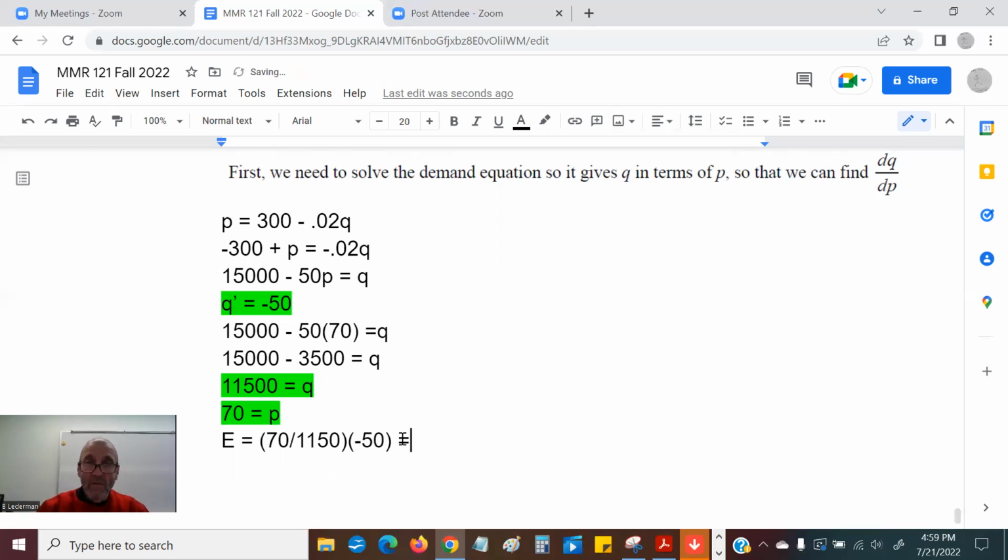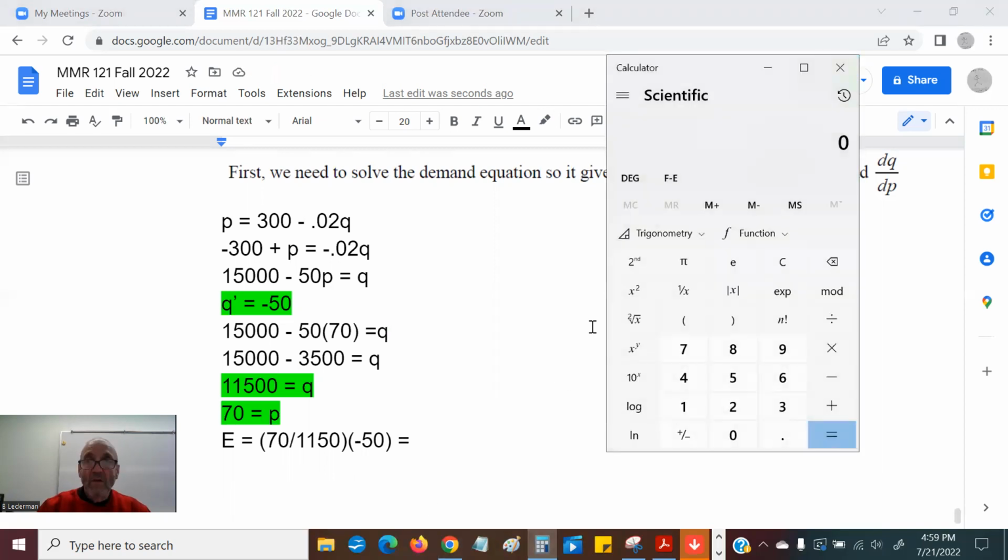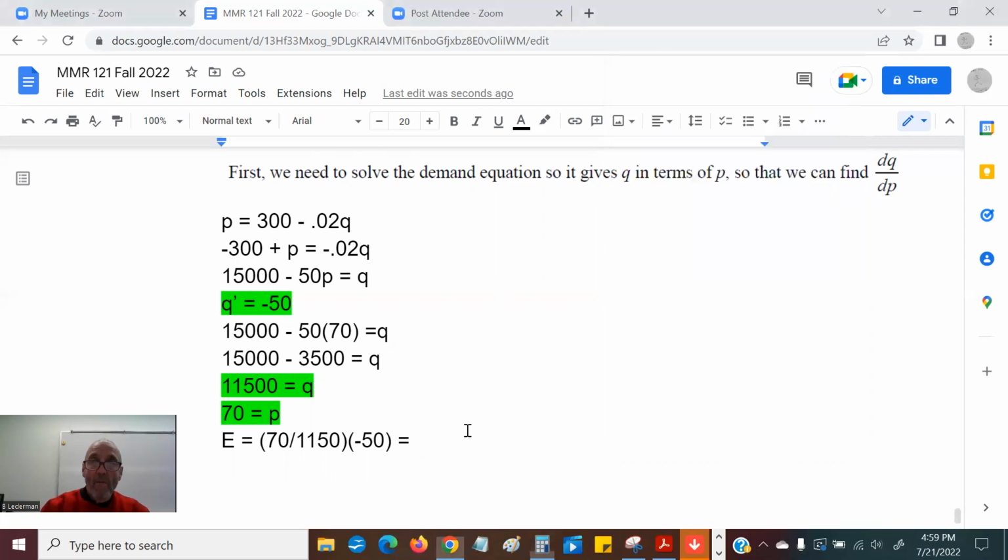Let's put that in a calculator. Now it's actually negative, but the absolute value is going to make it positive.